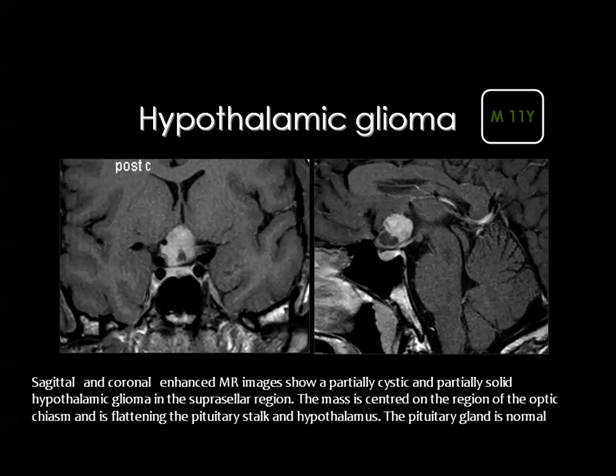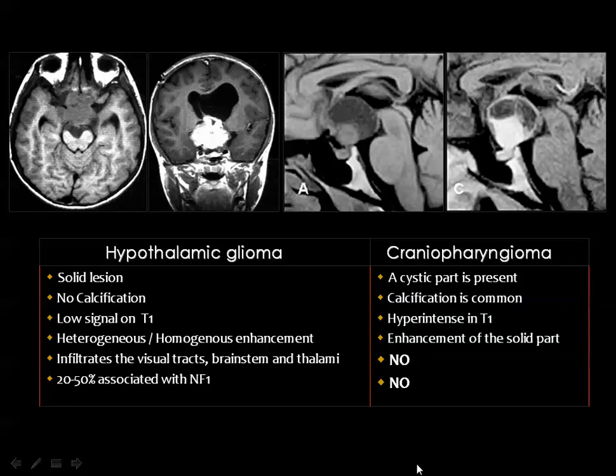The hypothalamic glioma is almost a solid lesion that is infiltrating the visual pathways. Here it arises from the hypothalamus and may involve the optic chiasm as well. And in this lesion, you can see a small cystic component and a large solid component.